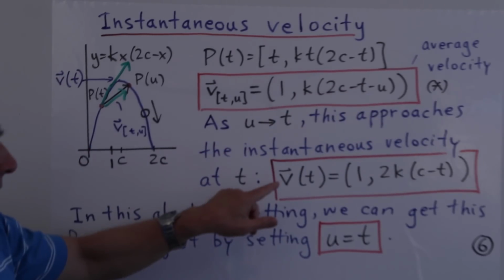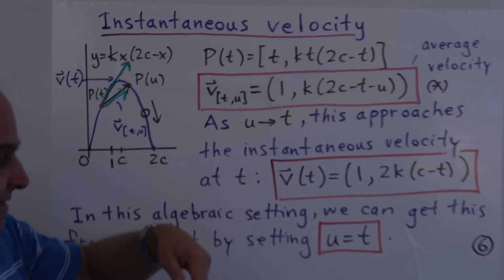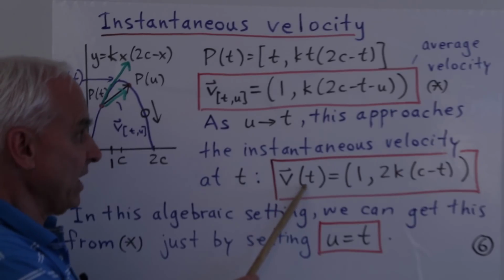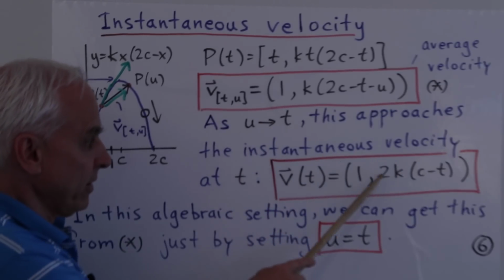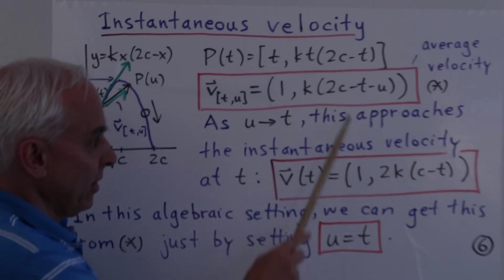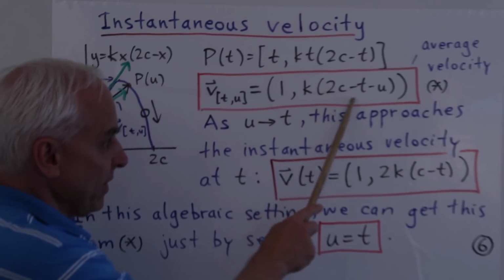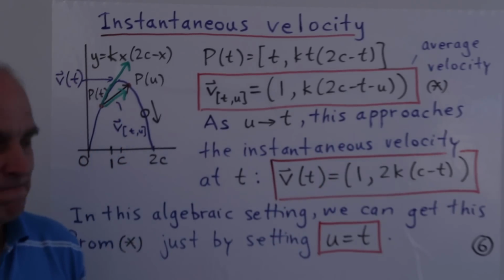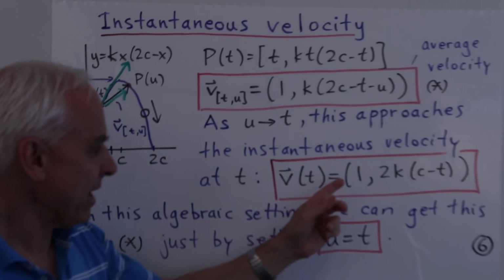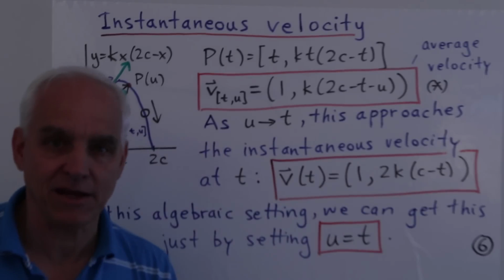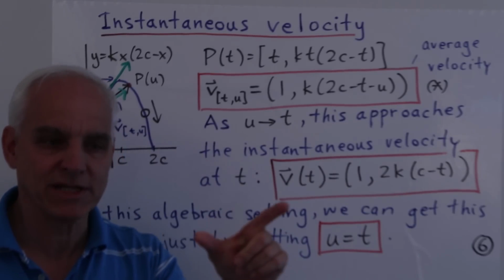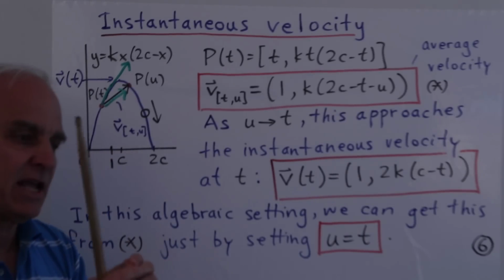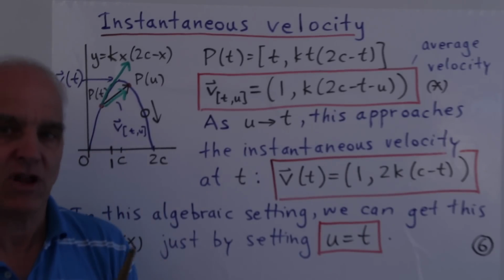So we're going to get as a limiting value this instantaneous velocity v of t, which is 1, 2k times c minus t, where we've taken that 2, that's a common factor, out of here after we've replaced u with t. This is then an expression that only depends on t. It doesn't depend on 2 points, it only depends on 1 point, and it is a limiting instantaneous velocity.